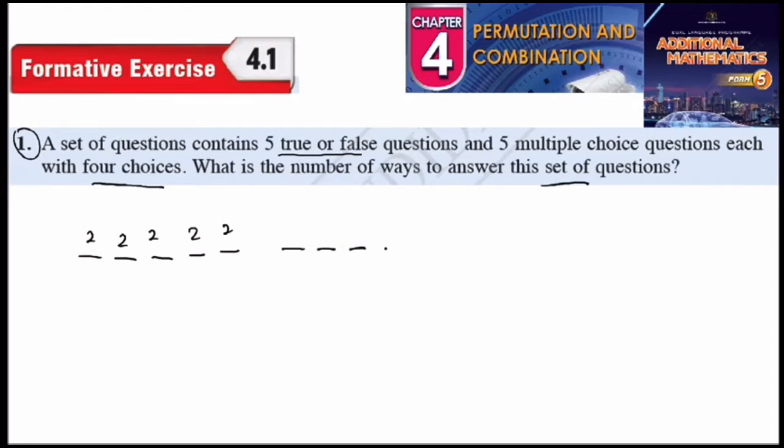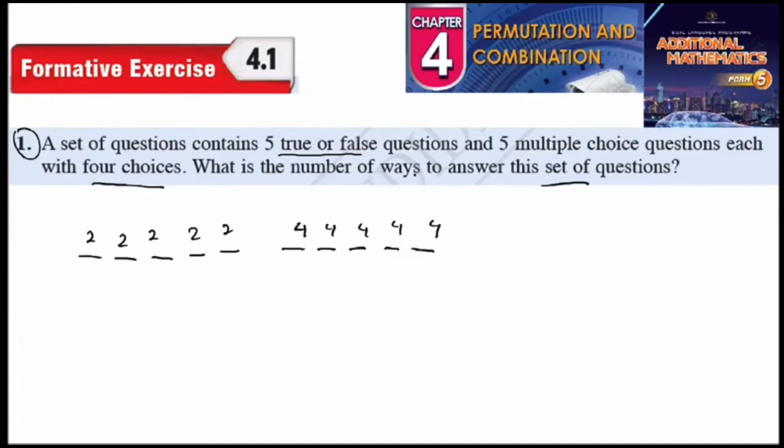And then we have 5 multiple choice questions. The multiple choice answers are A, B, C, D, right? So we have 4 ways to answer each of the 5 questions.